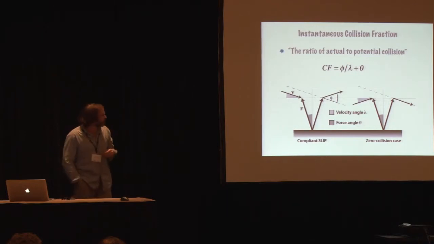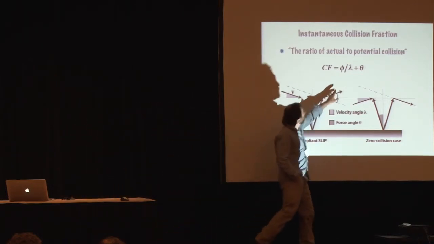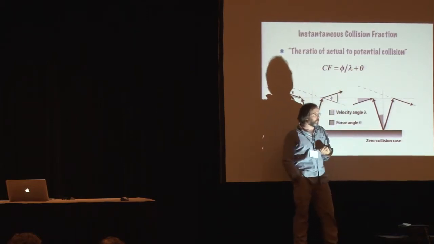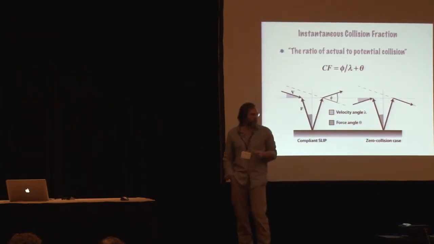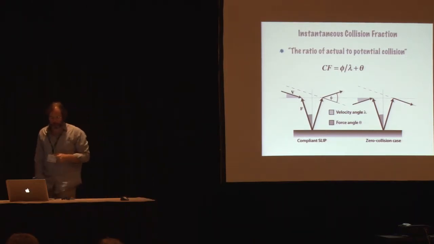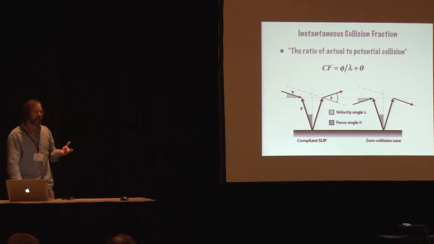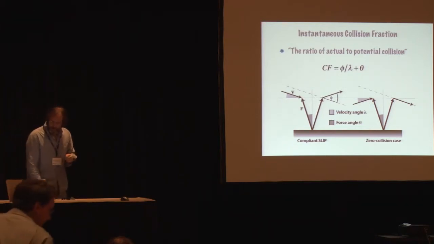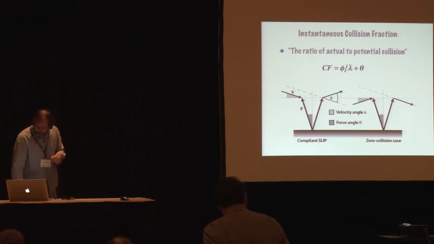So the collision angle represents what I've been calling the actual collision, and the sum of the force and velocity angles, which are perpendicular references, represents the potential for collision. So at any given instant, the force and velocity vectors can be kept perpendicular, and we're not having any collisional loss. But if they're not, then we do have a sum.